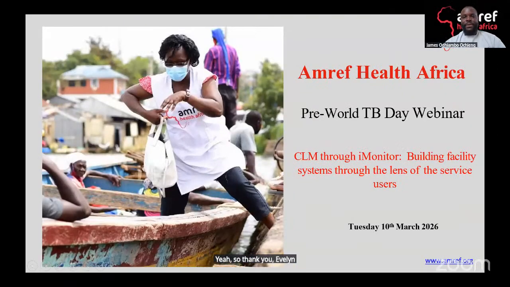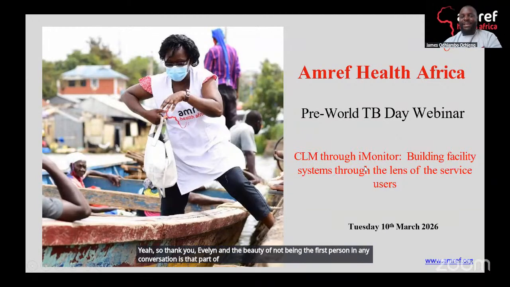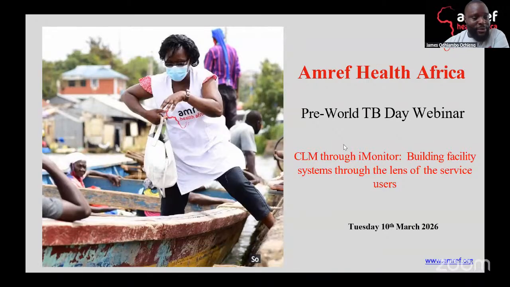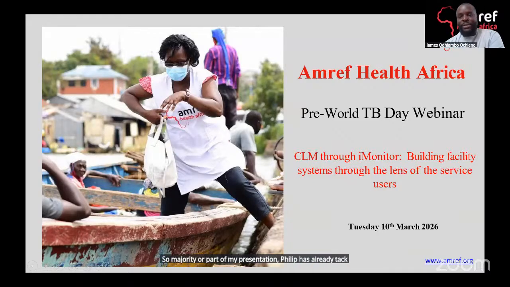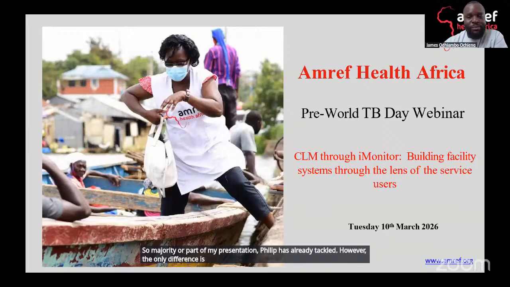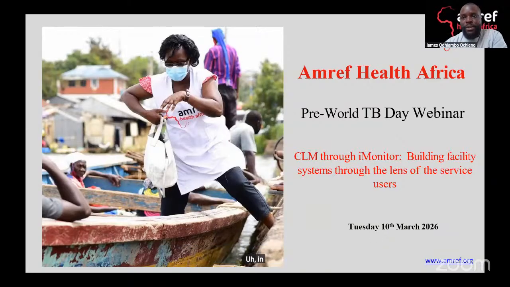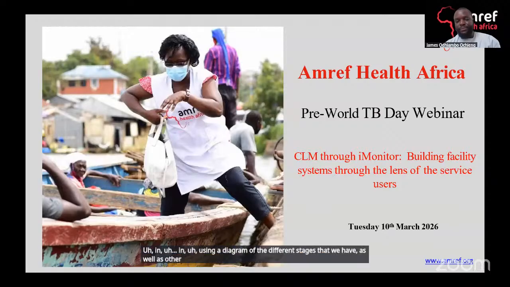The beauty of not being the first person in any conversation is that part of the work can be done for you. Part of my presentation Philip has already tackled. The only difference is that I will show the framework using a diagram of the different stages, with more details.